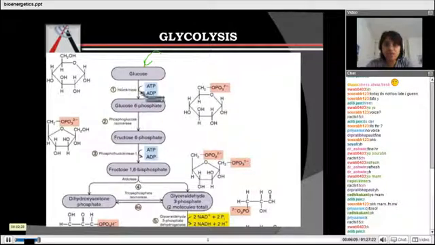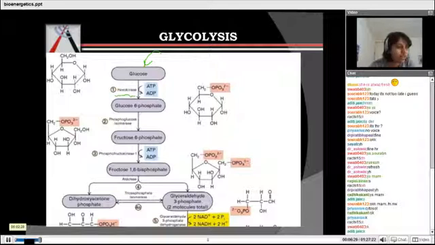So we have glucose. You see glucose here. Glucose is converted to glucose 6-phosphate by hexokinase, and we have 1 ATP getting used here. Now at this particular point in your keynotes, I want you all to make a note of one thing.